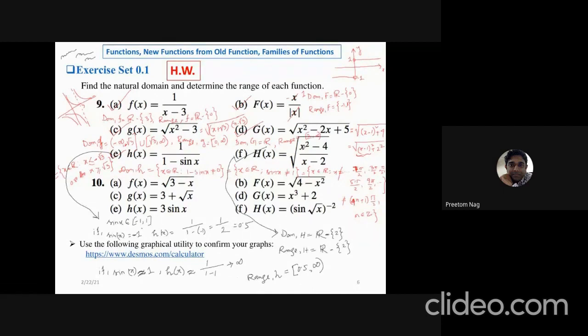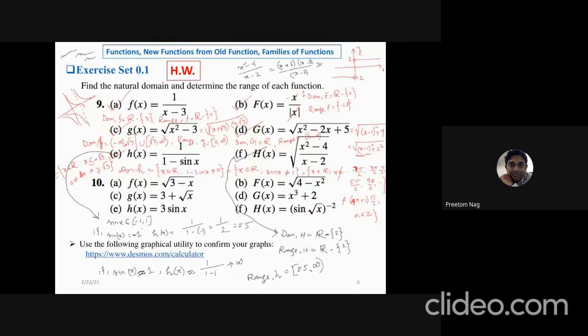X square minus 4x, the negative value, sir, the problem will be there. Okay, so the things are like, if we consider x square minus 4 over x minus 2, that can be written as x plus 2 into x minus 2 over x minus 2, right?